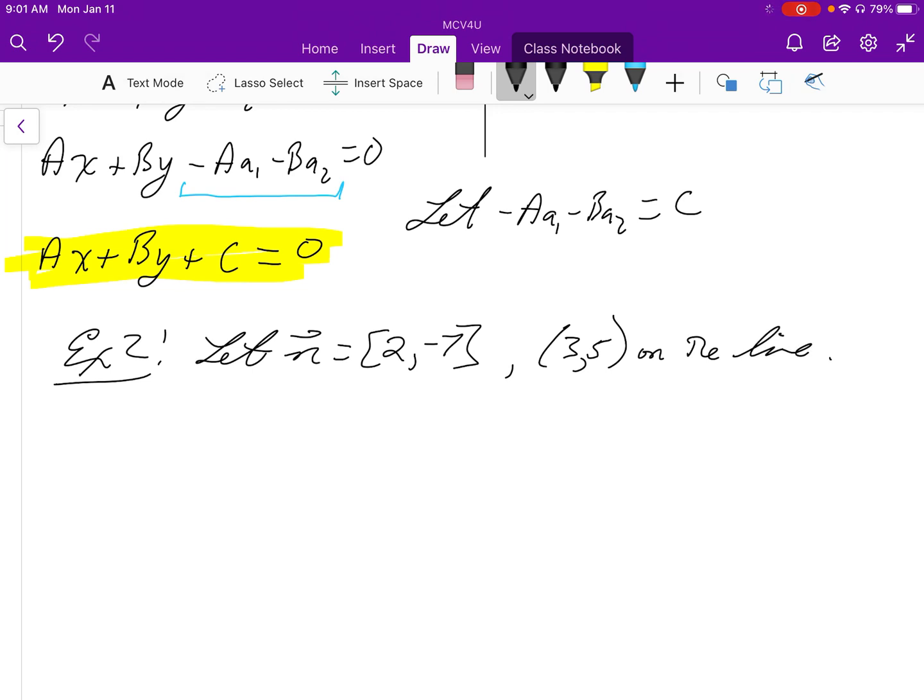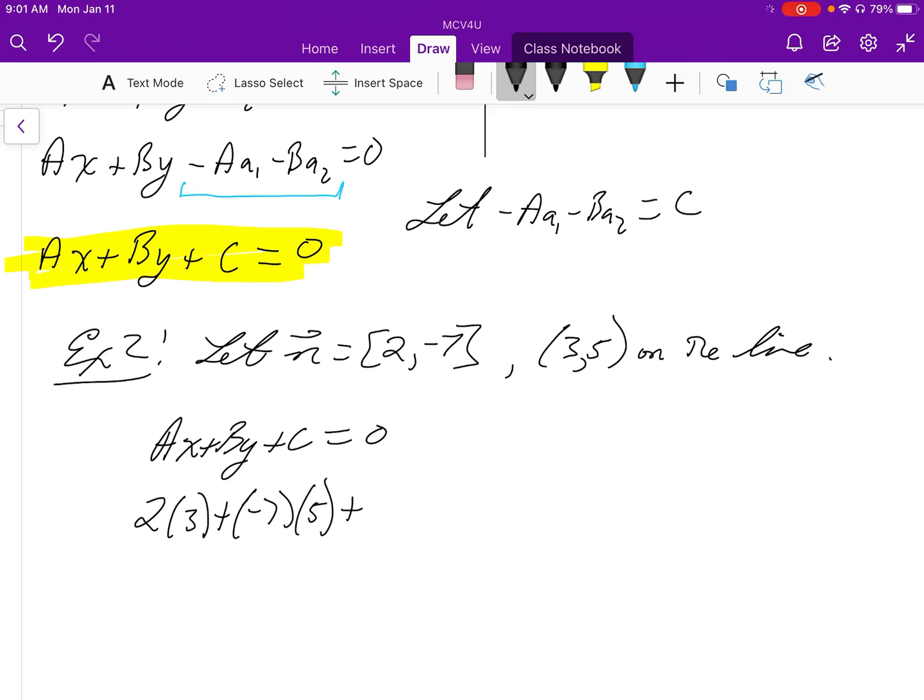To come up with the scalar equation of the line, we substitute the values in: 2 times 3 plus negative 7 times 5 plus C equals 0.